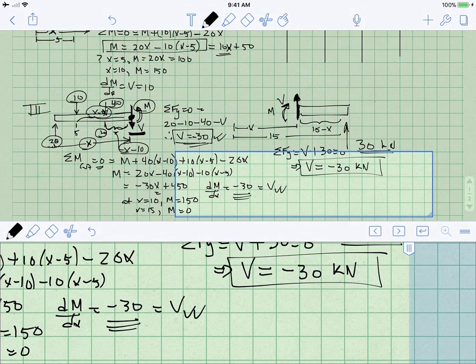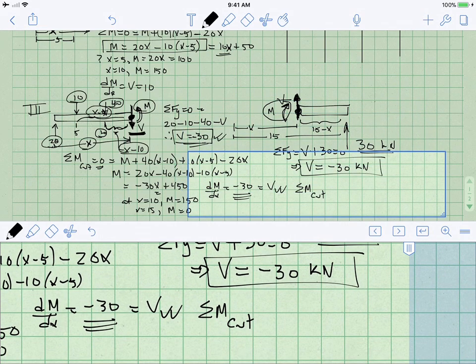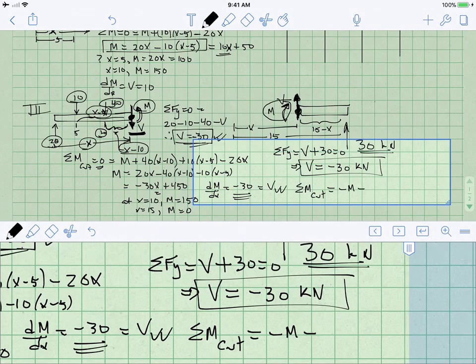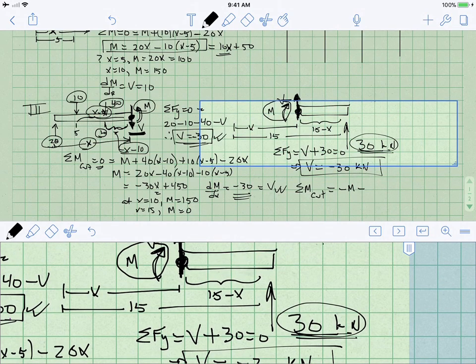Similarly, when we sum the moments at the cut, and this time we're summing the moment right here at the cut, I have to put the bending moment here, which I'm trying to find, and we write it as minus M because it's going clockwise. So we write down minus M, and then we think about what this 30 kilonewton force will do, and that 30 kilonewton force would cause a positive moment at the cut.